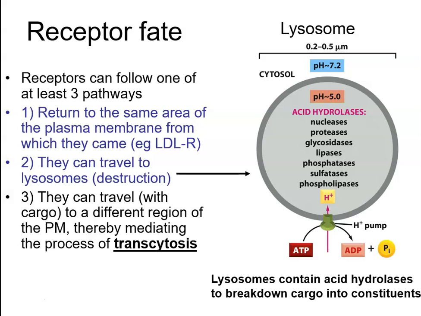So they would have receptors on one side, on the basal side of the cell, the receptor that would bind the cargo, that would be internalized, passed across the cell, and then be released on the opposite side of the cell, the luminal side of the cell, and release that protein into the blood. So transcytosis is the third fate of materials that are taken up, or the receptors.